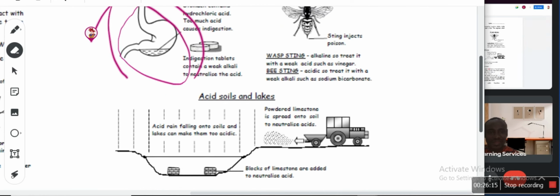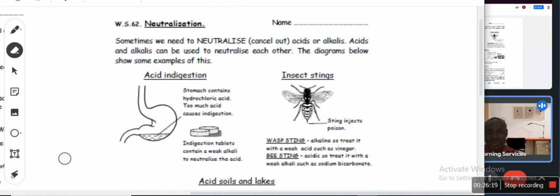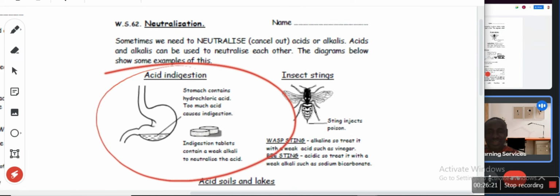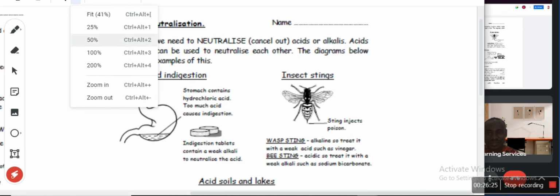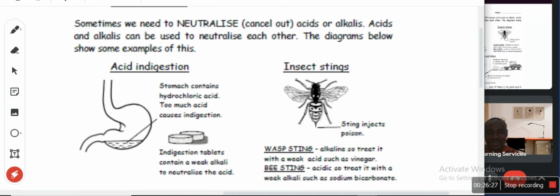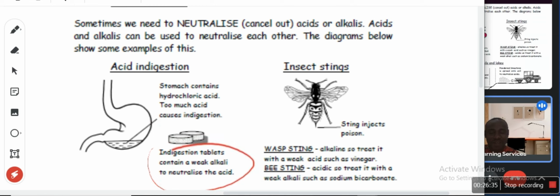Yes. Read this. You may need to zoom in. Read this: acid indigestion. Stomach contains hydrochloric acid. Too much acid causes indigestion. And when people have stomach acid with heartburn and all that, they are given what we call indigestion tablets.